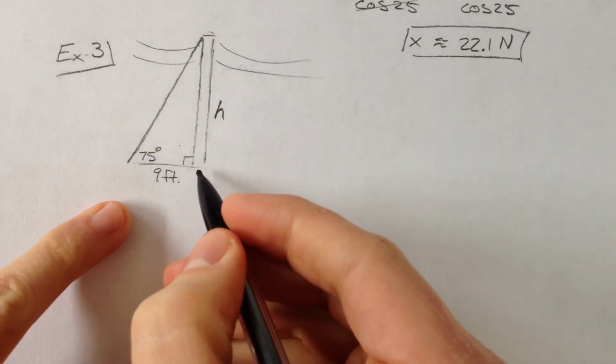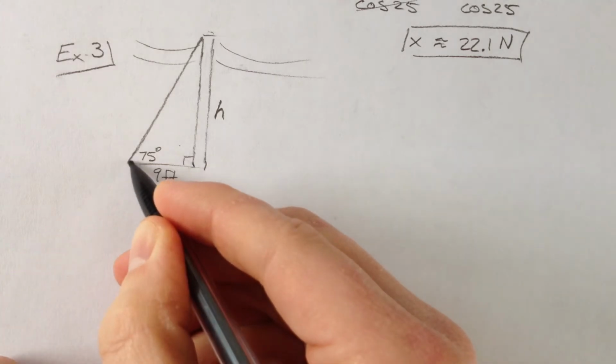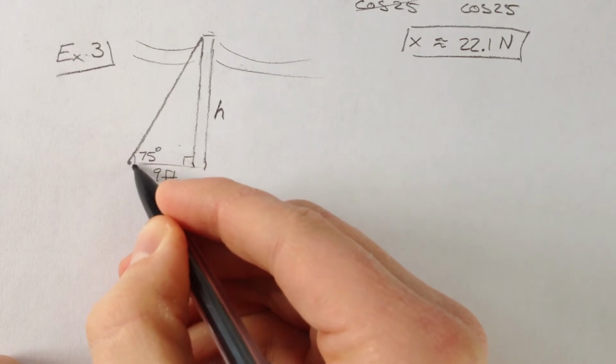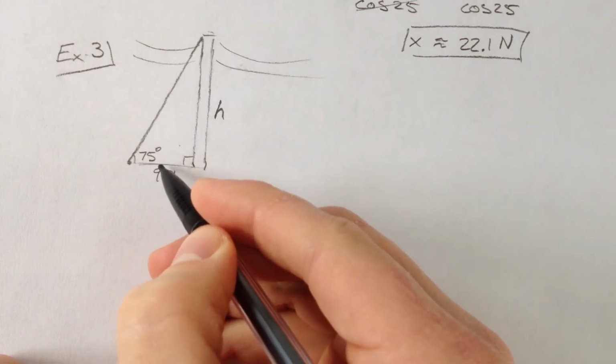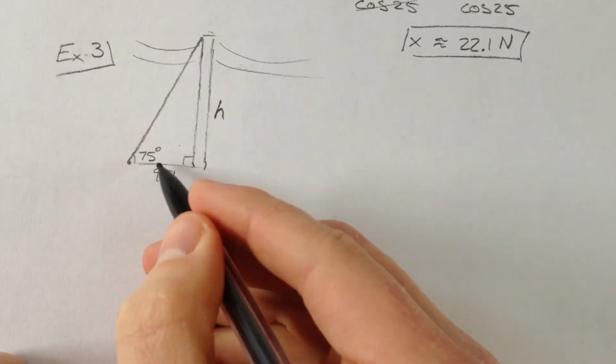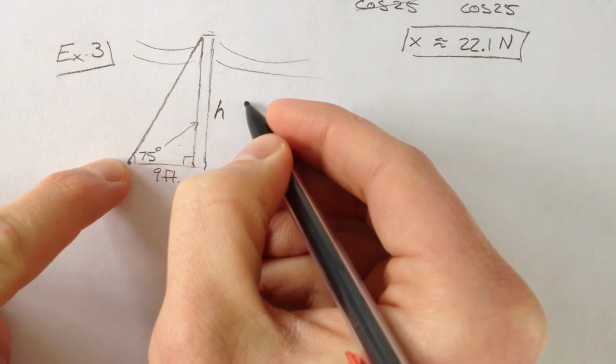But so we've measured the distance from the bottom of the telephone pole to the corner of the base. And we also measured the angle that it makes with the ground, and we got that to be 75. So relative to the 75, the h is the opposite side.